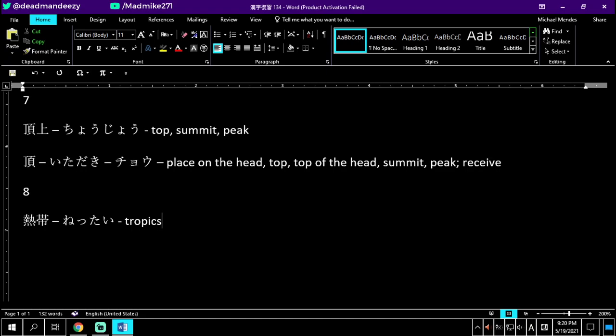Nettai or belt fever, belt of heat, heating the tropics. This one has a lot of strokes, so it's taking me a while to write, I should say.